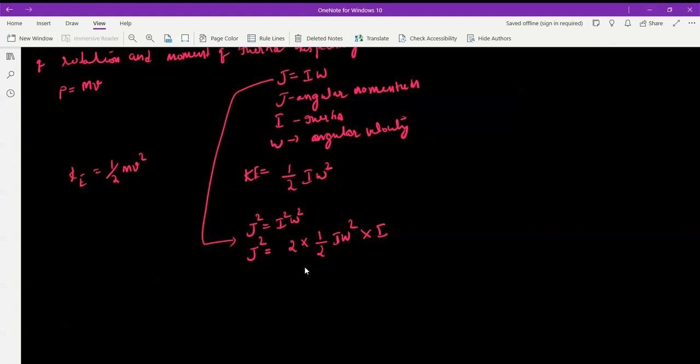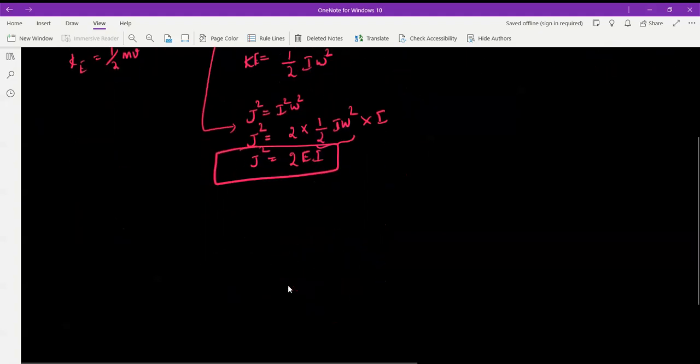So no change in the expression. I square omega square into I, which is nothing but I square omega square only. So J square is equal to, now I can just write half I omega square is nothing but Ke, that is 2 into EI. So I can just write J square is equal to 2EI. So J square is equal to 2 times the EI.